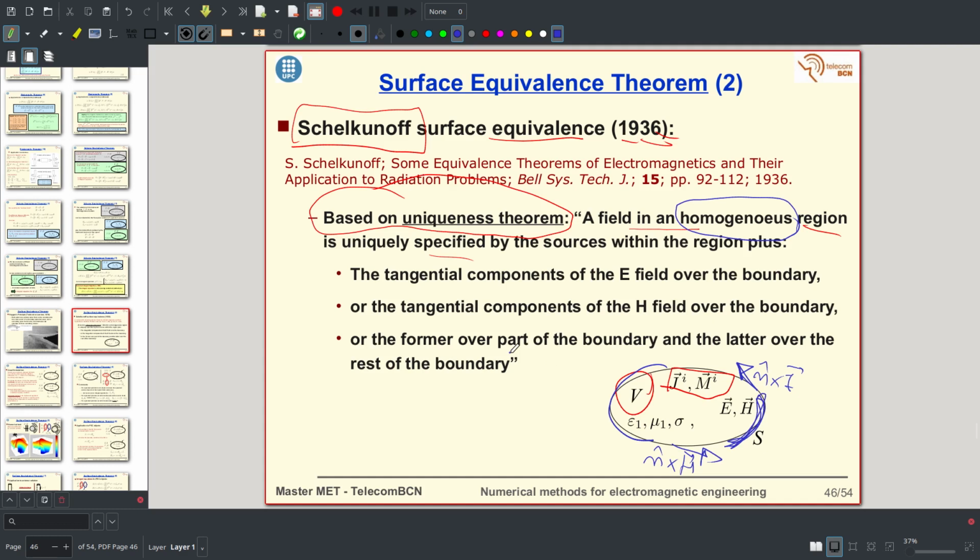And as I said before, the object must be homogeneous, that is, epsilon, mu, and conductivity must be constant within the object. The object is defined by volume V and enclosed by surface S.